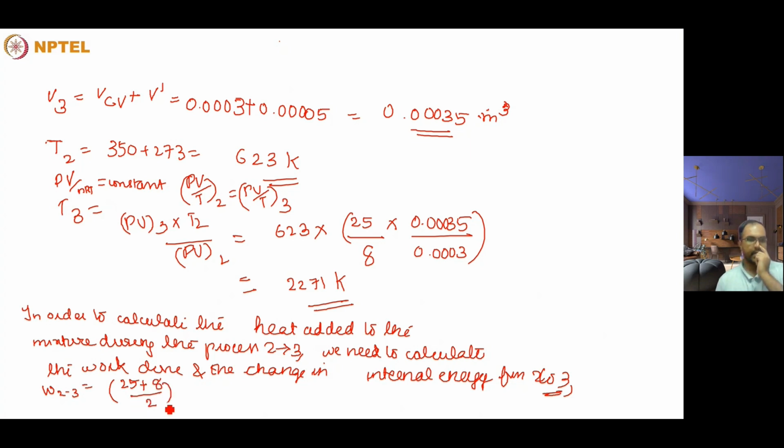We take an average pressure of the process multiplied by the change in volume, 0.0005.